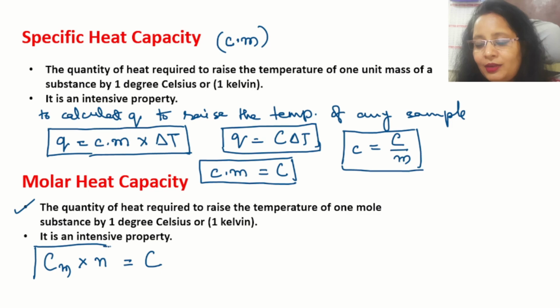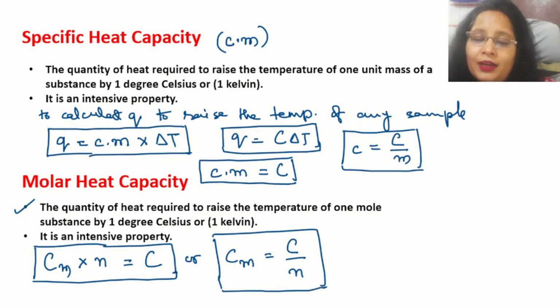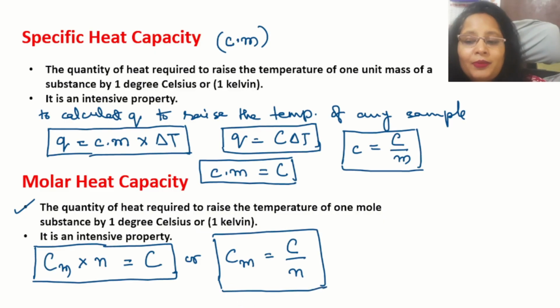We can define the molar heat capacity like that. Or we can say molar heat capacity is equal to heat capacity upon number of moles of the substance. Both ways are correct to define the molar heat capacity or heat capacity.